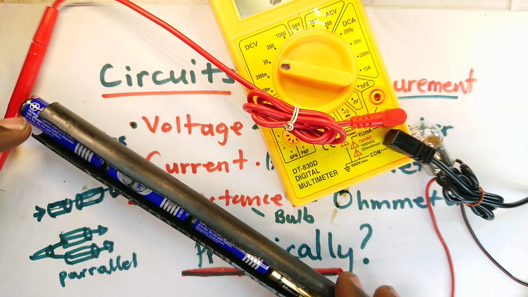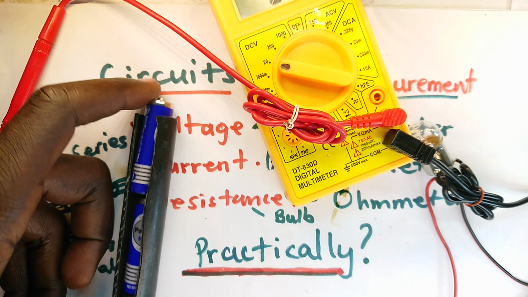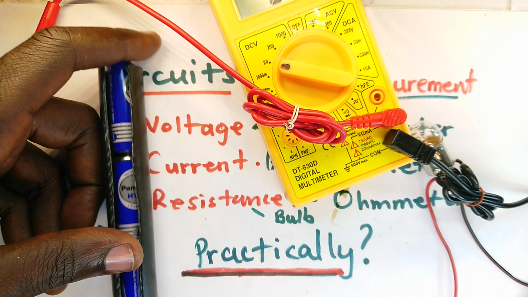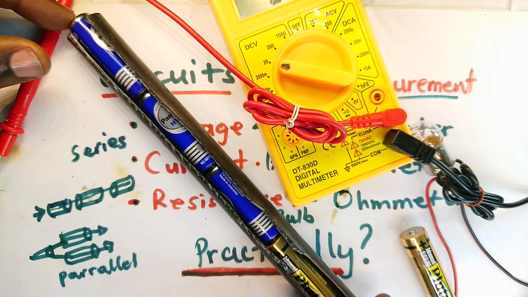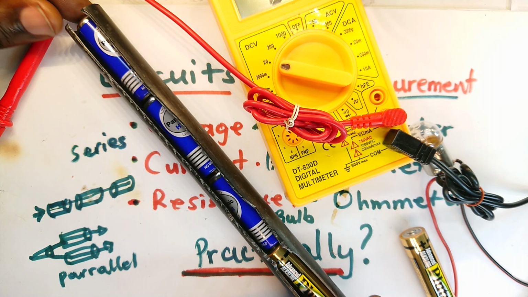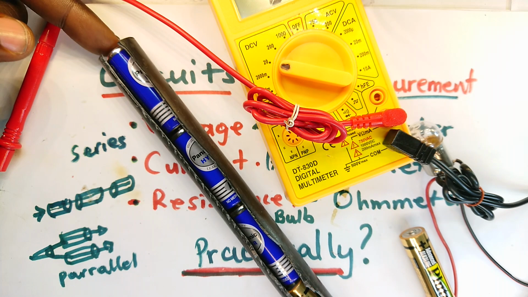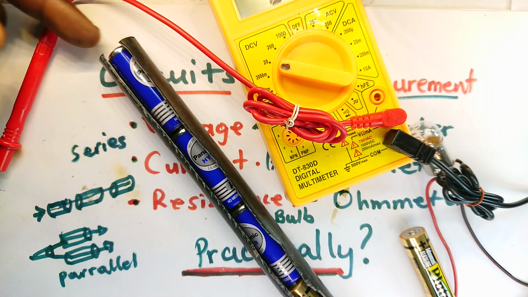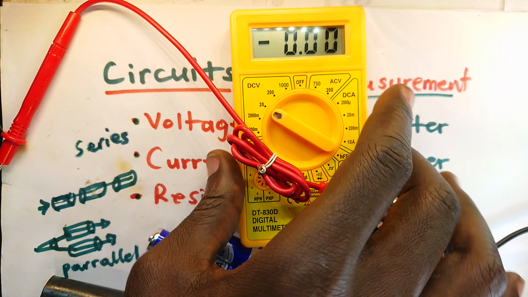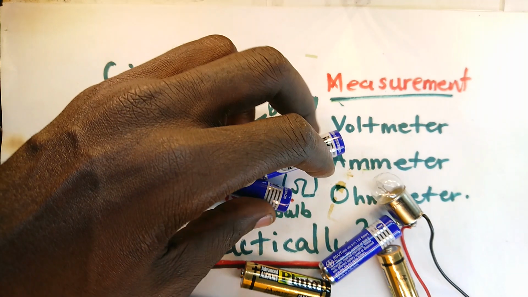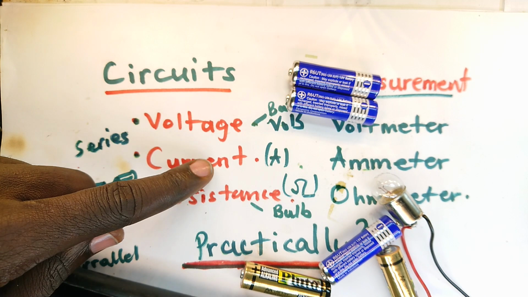Now, having said that, assuming we already have a circuit connected, how would you measure the voltage and current across? I'm going to keep this tied together and put wires at the extreme ends to make it easy to handle. Anyway, I'm going to reconnect this circuit, because I need to show you the next thing, which is how to measure current.